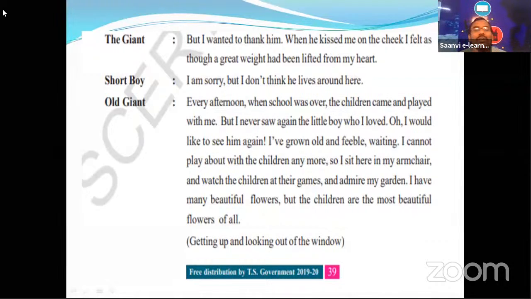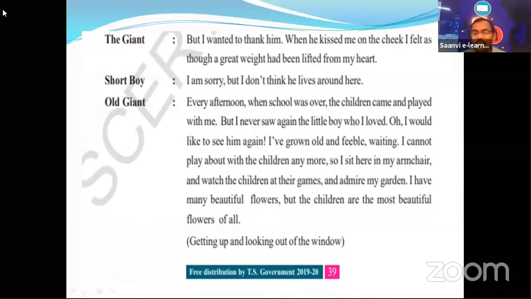Why? When you're selfish, you always think about something. You will always be in tension. If you are a helpful person, you don't have a lot of weight in your heart.